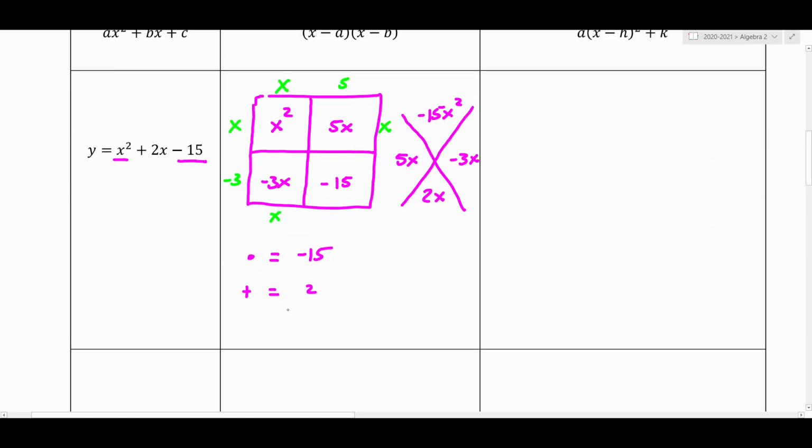All right, so if I want to write my factors, as we call them, we're going to say x plus 5 times x minus 3. Okay, so there's my factored form, right? Just like we see it up here. So x plus 5 times x minus 3 is the same thing as what we started with. It's the same parabola, but written in a different way.